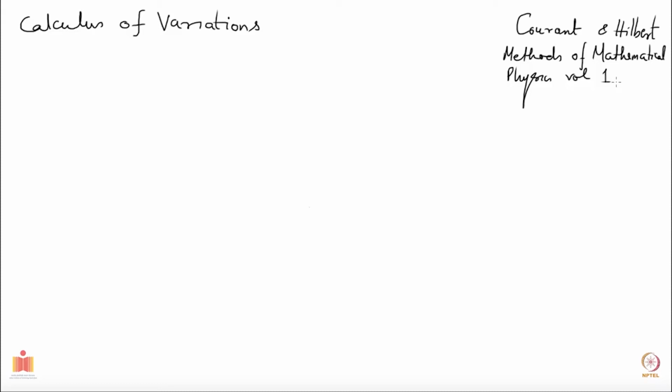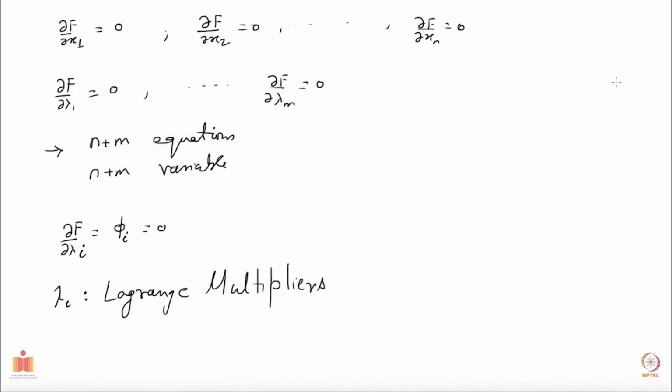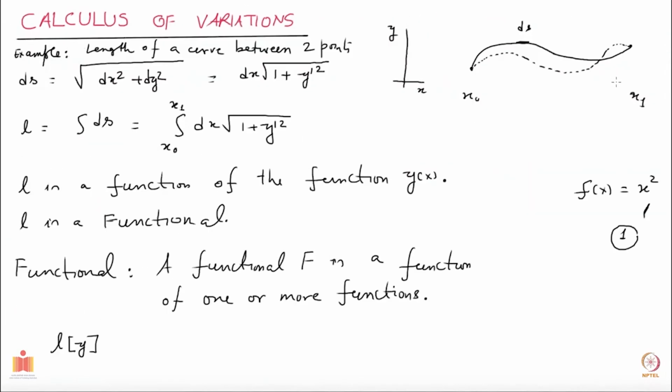Okay, so I gave you a few examples where we need calculus of variations. For example, if I want to know that curve which minimizes the distance between these two points, the length is minimum between these two points, what is that curve?